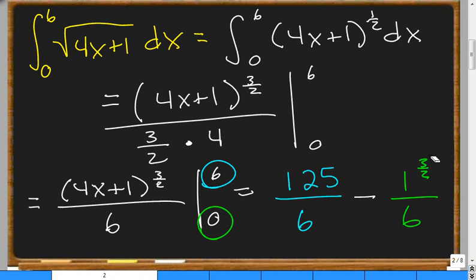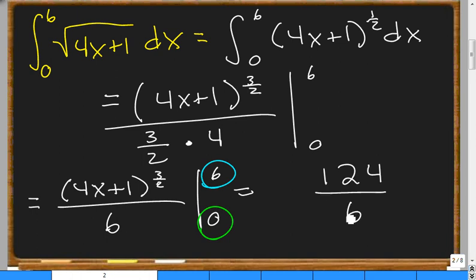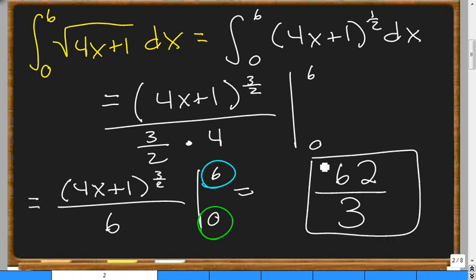And then 1 to the 3/2 is the same thing as just 1. So when we combine these together we end up with 124 over 6, which we can divide by 2 on each of those. We get 62 over 3. And so this is the most reduced version of our problem here, 62/3.